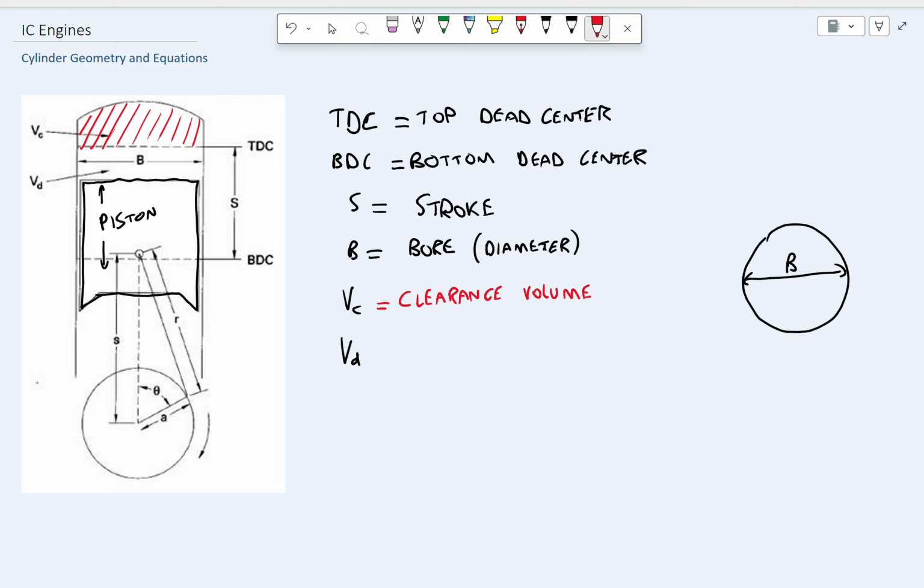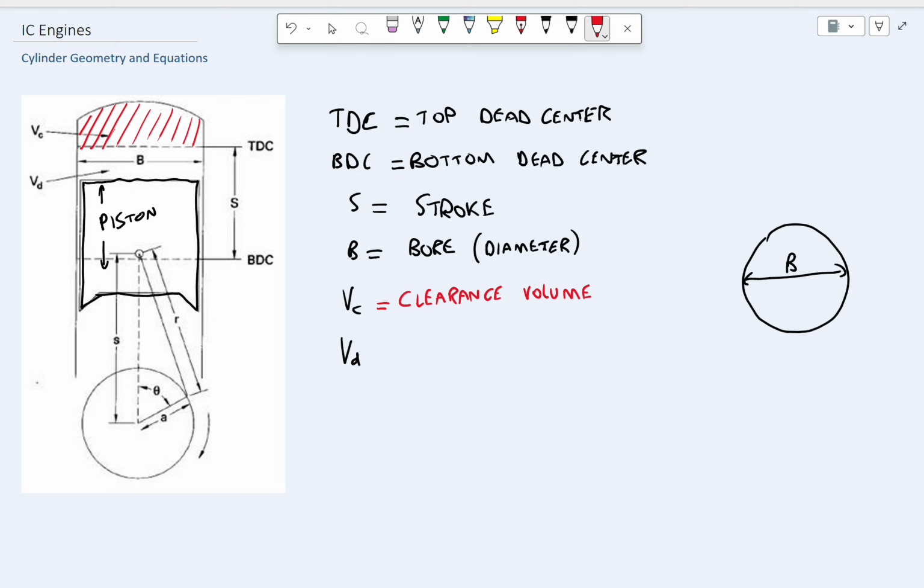What this clearance volume is essentially, when the piston is all the way at top dead center, is a leftover volume. That is the volume that's left over for the combustion to take place and for the air to be in there. You can't have the piston go all the way to a volume of 0, because if not, you would go to infinite pressure, and that doesn't work.